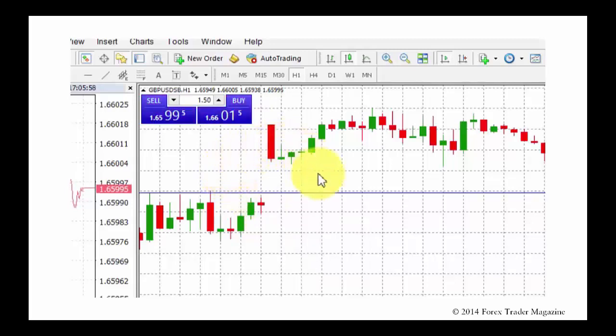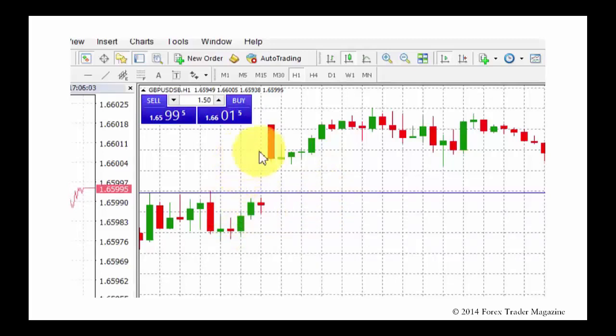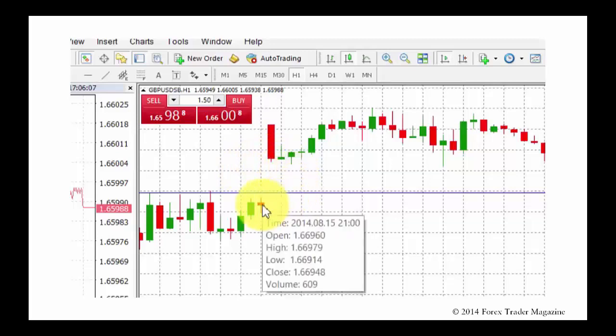So what happened here was a gap in between close of business on Friday night and opening of business on Sunday night. So that wasn't really a gap, because what actually happened was prices kept changing and the world kept turning, but our trading platform wasn't available.